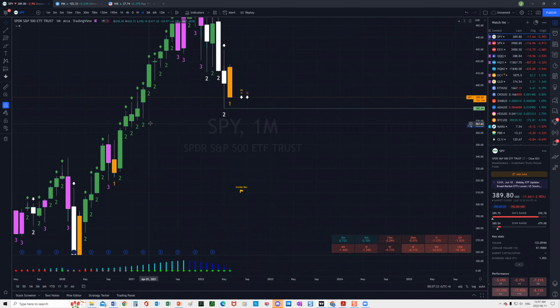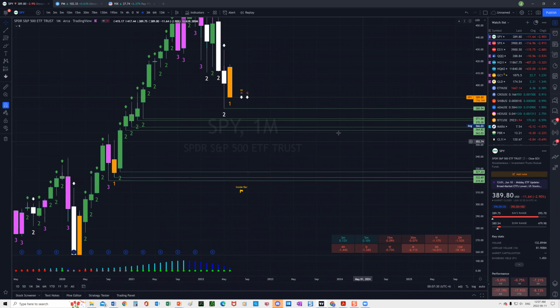And so if we start looking at where our targets would be, depending on how far out you want to go in time, potential targets. So let's say right now, you think that SPY is going to go 2% down on the month. Now, keep in mind that we still have another 2 weeks, or slightly more than 2 weeks for that to happen.